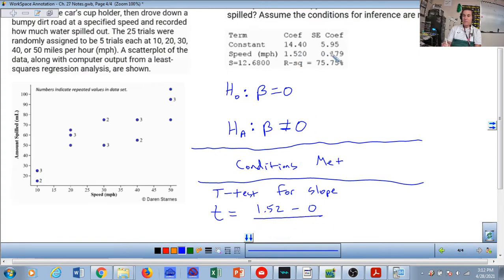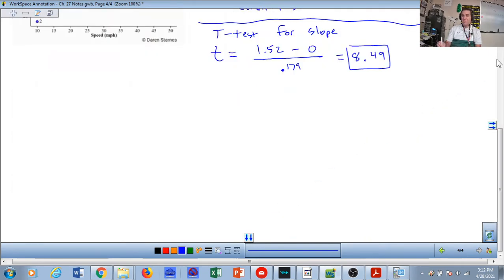The standard error is right here for the slope, 0.179. So when you do that on your calculator, 1.52 minus 0 divided by 0.179, holy moly, this gives us a t-score of 8.49. That is humongous.